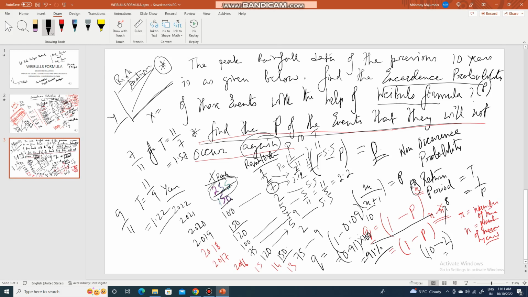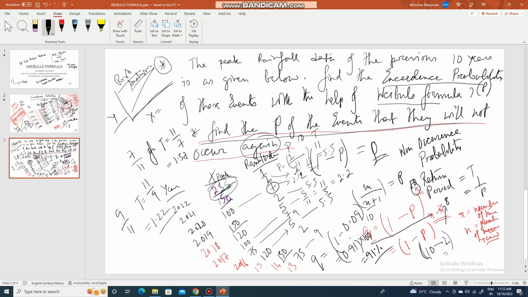If I raise 0.91 to the power 8, since 10 minus 2 is 8, then it is coming, you see, around 0.43.